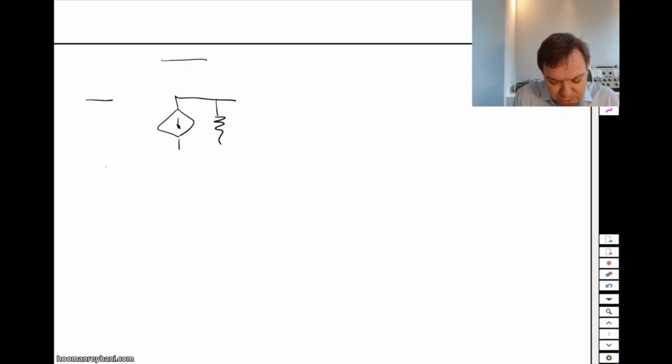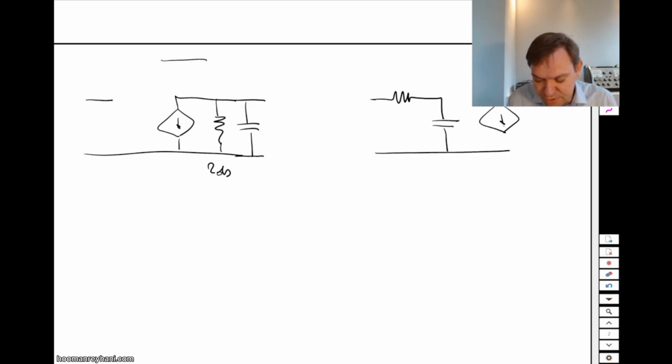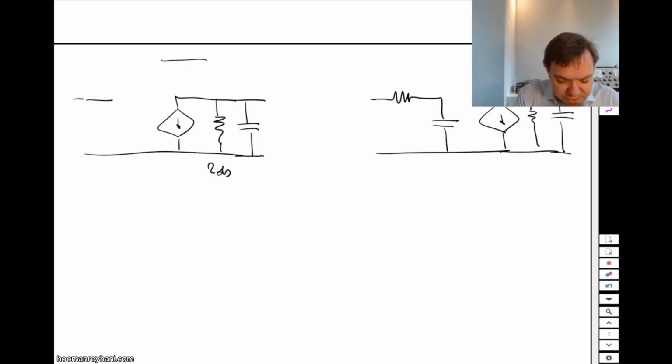So let me just draw a very simple small signal circuit here of a transistor. There we go. And this would be RDS. And then we have the input of the second transistor. So I'm just drawing a very simple small signal equivalent circuit of a first stage and a second stage.